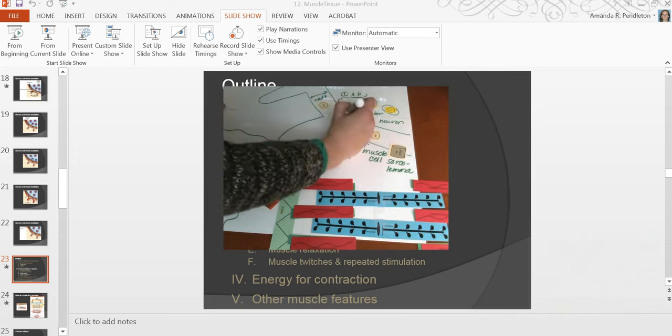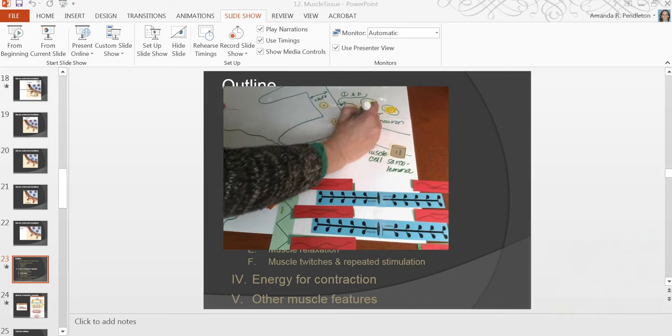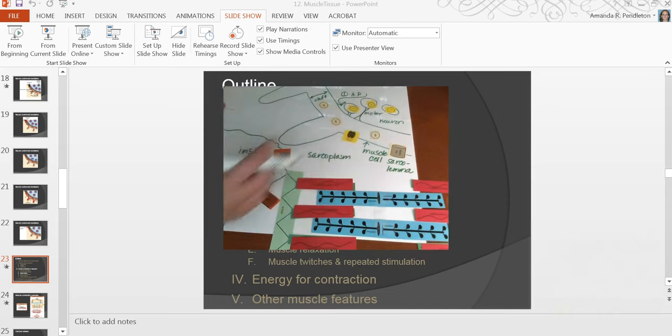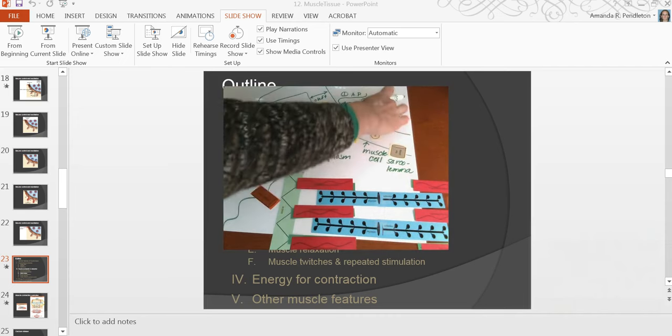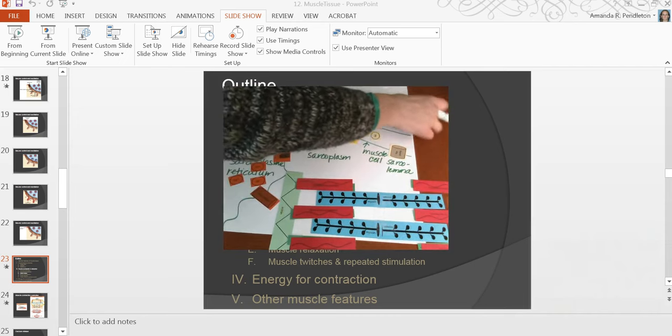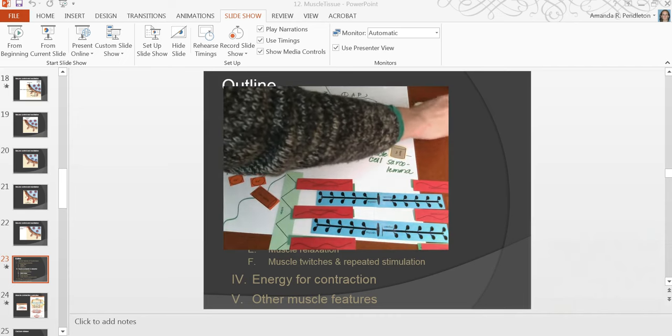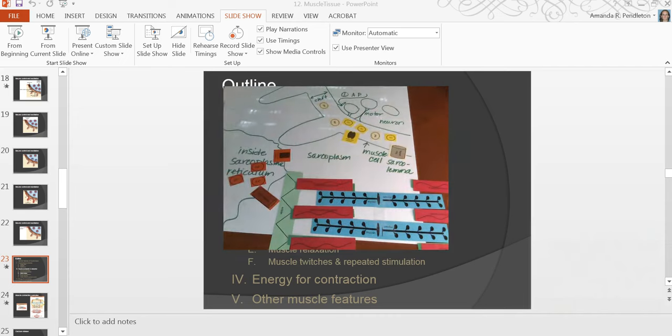When it does, these vesicles will come here and they will fuse with the plasma membrane and release acetylcholine into the synaptic cleft. Acetylcholine will diffuse across and physically bind to the acetylcholine receptor.